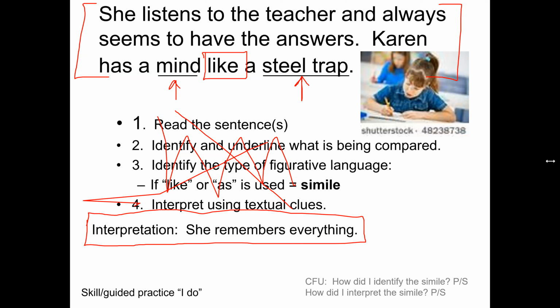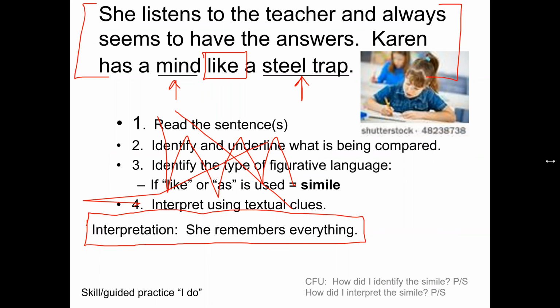Laverne Brown, are you there? Karen has a mind like a steel trap. What is the interpretation of that? That she keeps stuff in her mind. What do I have on the screen?